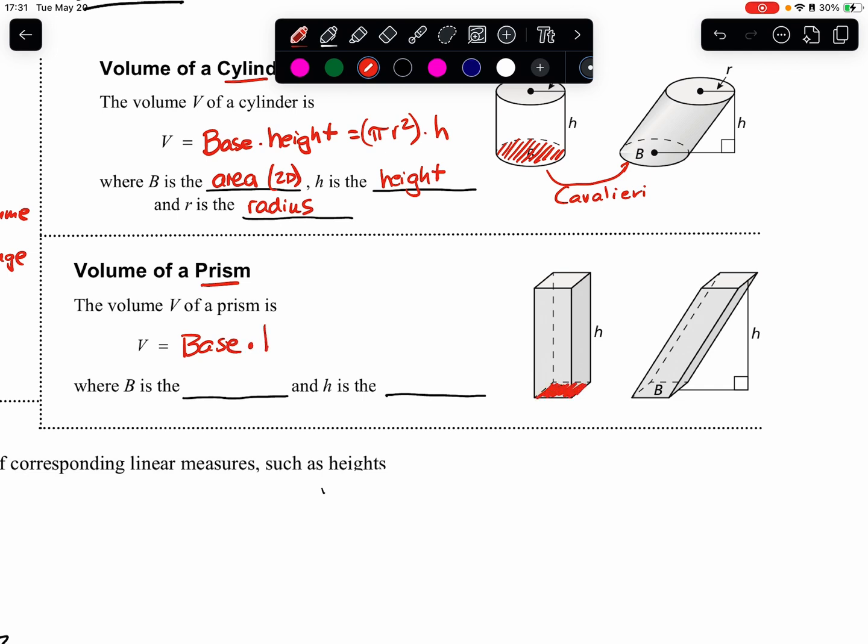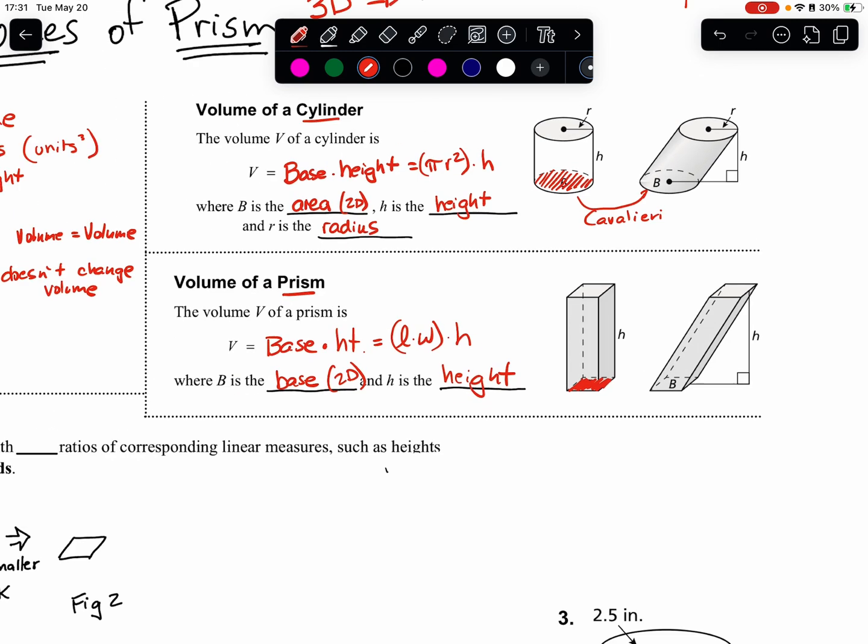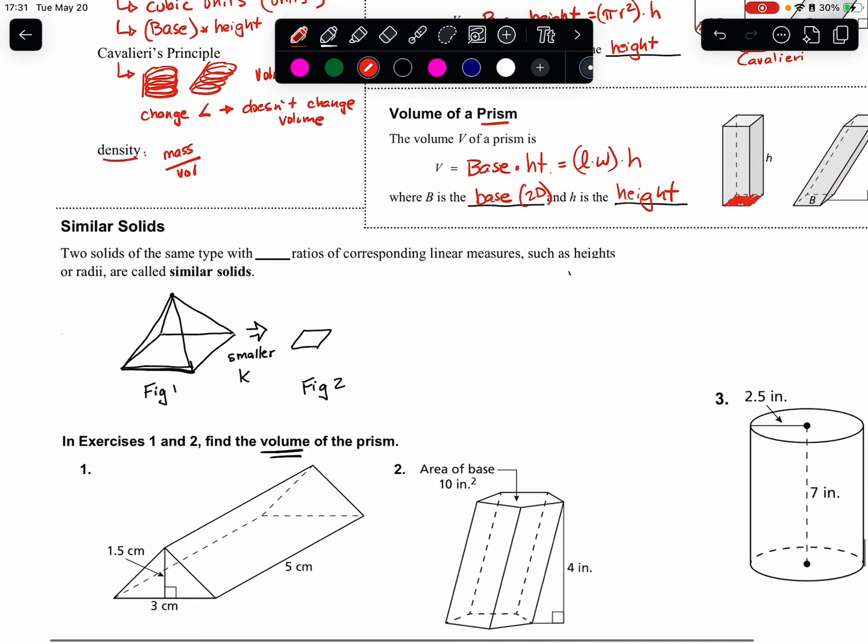In this case, my base is rectangular times the height. So the way we write that out typically is you can think of it as length times width. There's your base times the height. And B is the base of the shape, 2D. And H is the height, linear. All right, here we go.